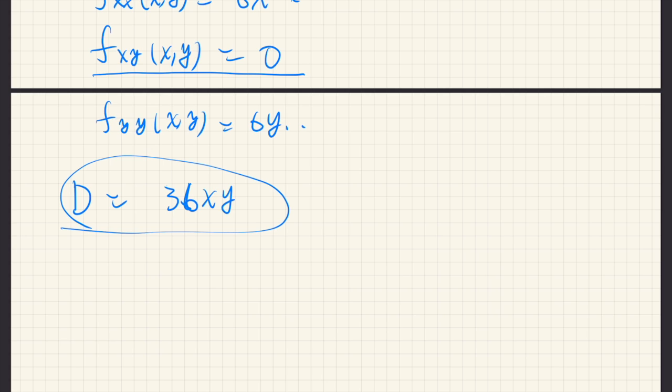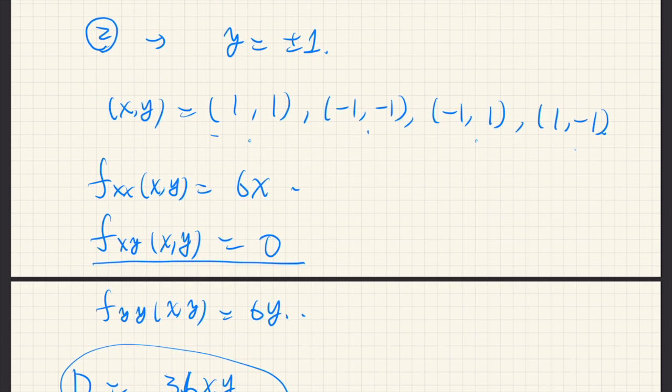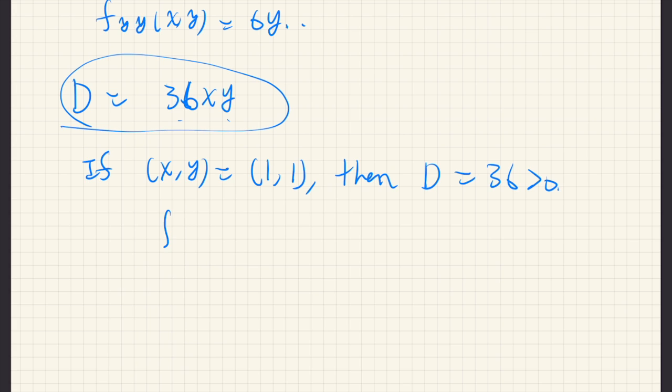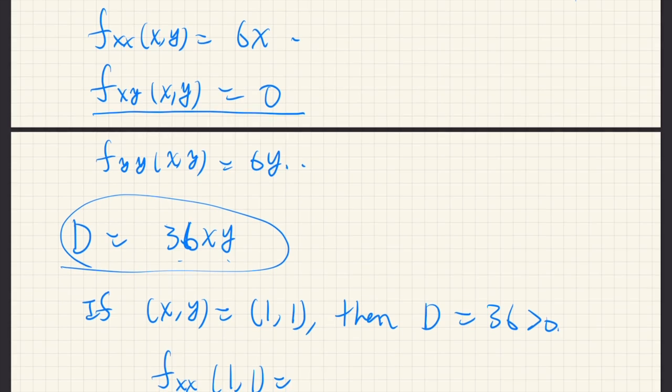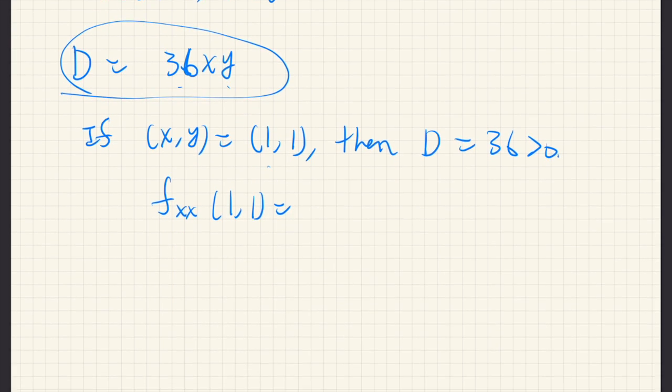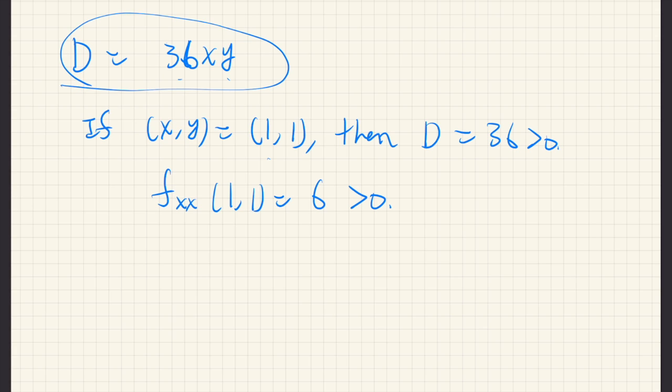So if (x, y) is equal to (1, 1), then the determinant is 36. That is positive. Okay, and what about f_xx? That is 6x, so x is 1, so that is 6. Therefore it is positive.